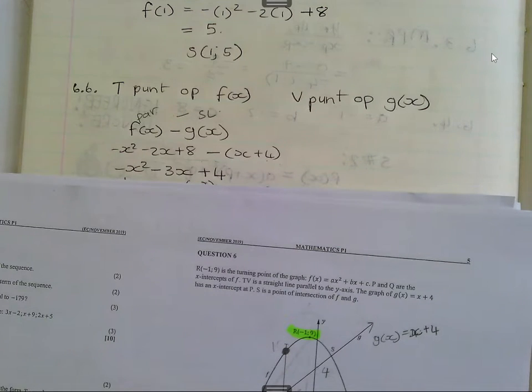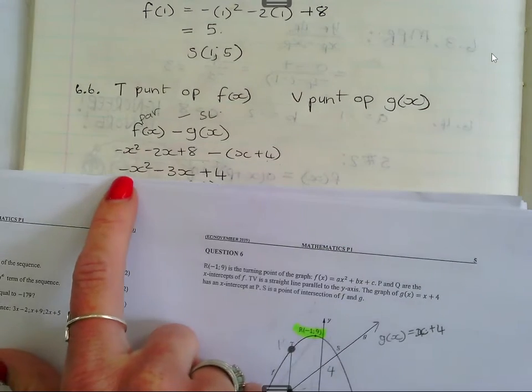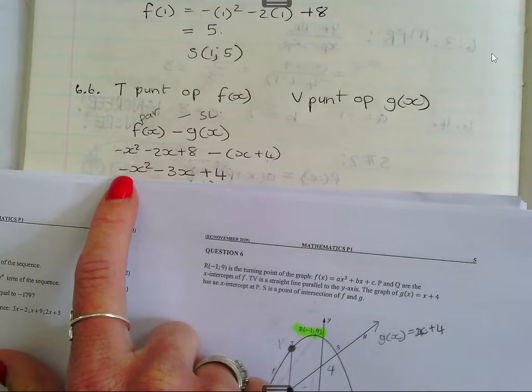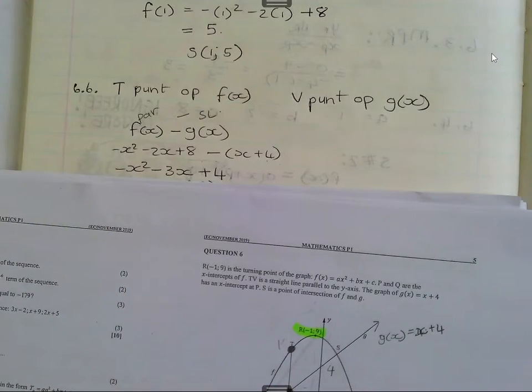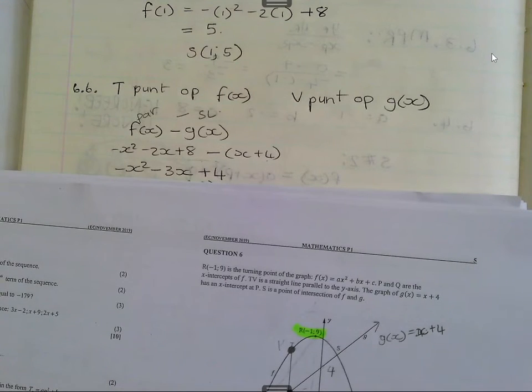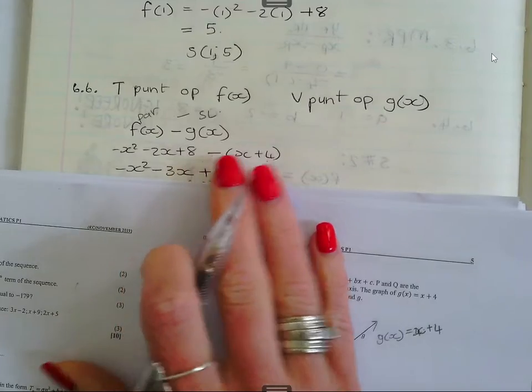But do you agree we already know this has a maximum value because of the negative right there. That's not really what we're interested in. We are only interested in the Q value, because we just want to know what the maximum value is. So we also have a second method. I did it in the second method because I want to do the completing of the square with you, because you've forgotten it. Am I right? Okay.